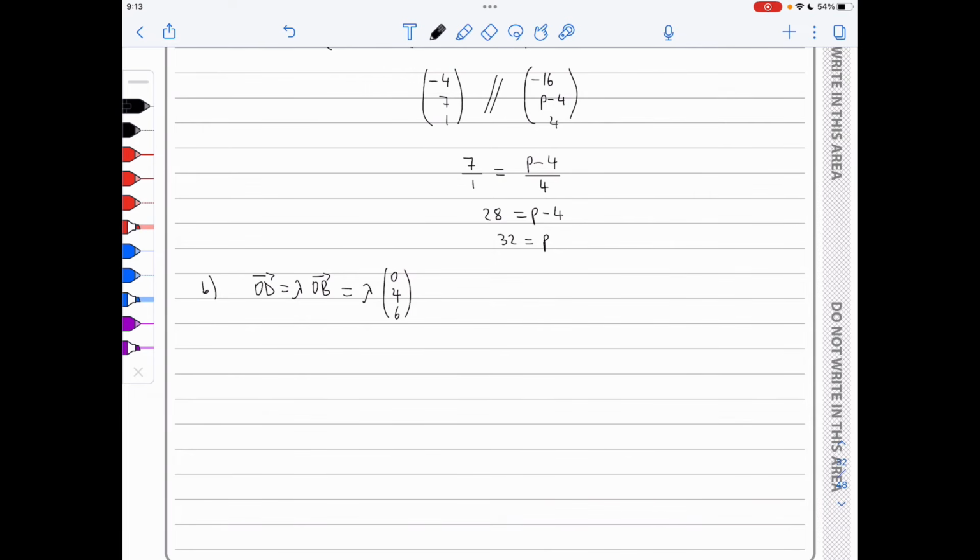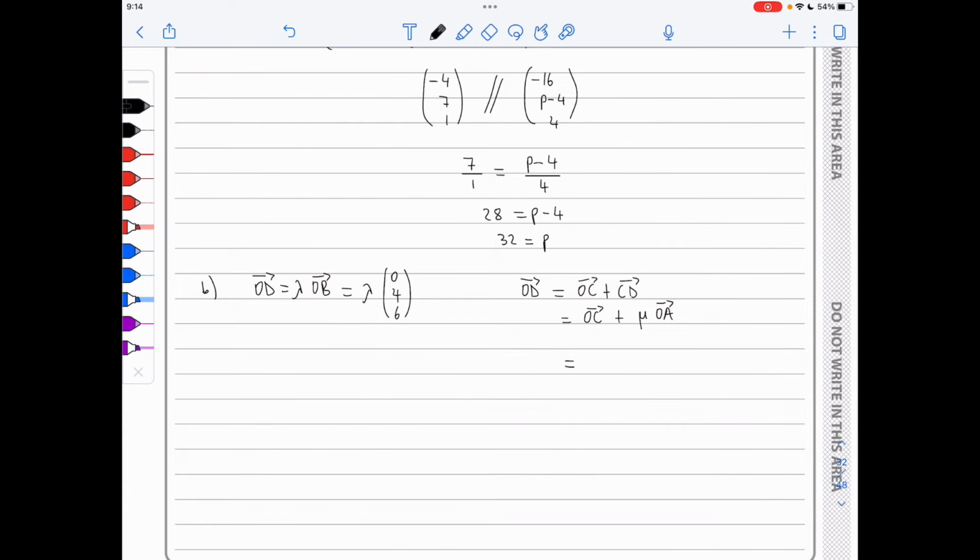In addition, I could say that to go from O to D, I can go from O to C and then from C to D. Now, OC we have, that's not a problem, but CD is parallel to OA, and therefore it's a multiple of OA, so mu times OA.